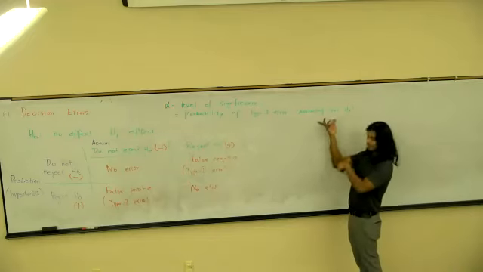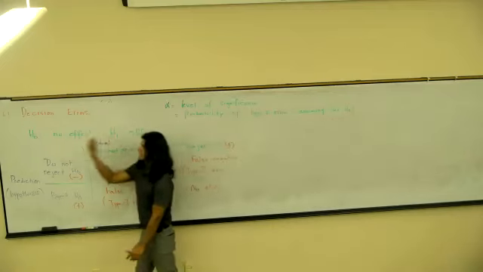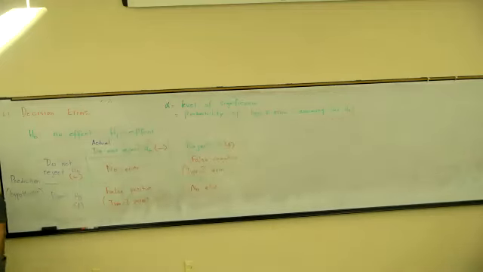So I'm going to assume the null. Under the null, what are the chances that you would make a type 1 error? In other words, a false positive. That is nothing but the level of significance.